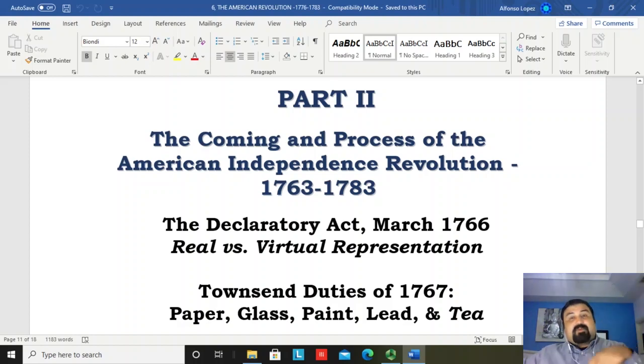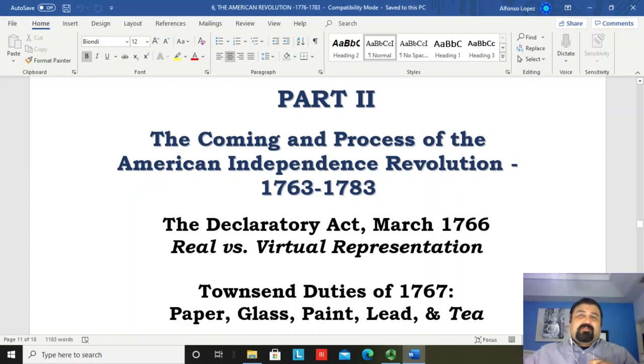So they're demanding representation, but the British Parliament is not going to grant it. It's not going to create new seats in Parliament to welcome delegates coming from the colonies.